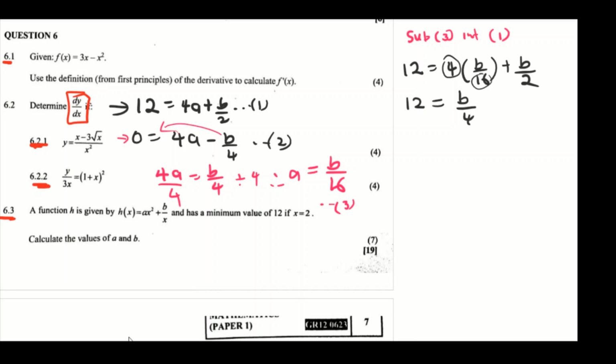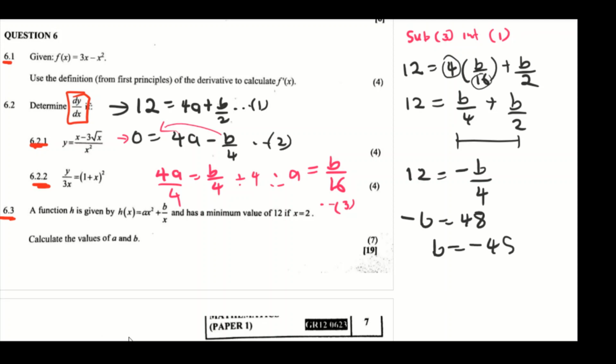So it's b over 4 plus b over 2. You can combine these two with your calculator: 1 over 4 plus 1 over 2. You're going to get minus b over 4, right? Cross multiply, you have minus b is equal to 48. b is equal to minus 48. So this is the value of b.